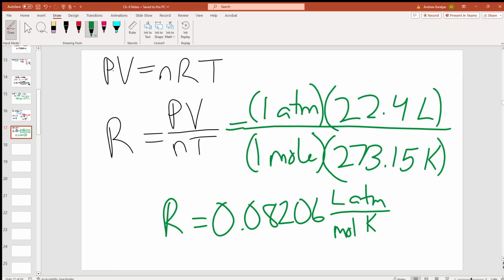Now, one of the things that this does mean, unlike all of our other gas laws where we said we could use any units as long as we had the same units on both sides, is that's not the case for the ideal gas law. Because in the ideal gas law, we have a constant that we use, and there are other values of this constant with different units, but this is the most common one, and this is the one I'll use for any practice that we do.